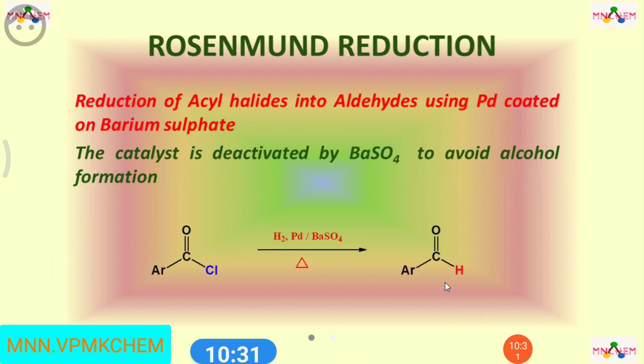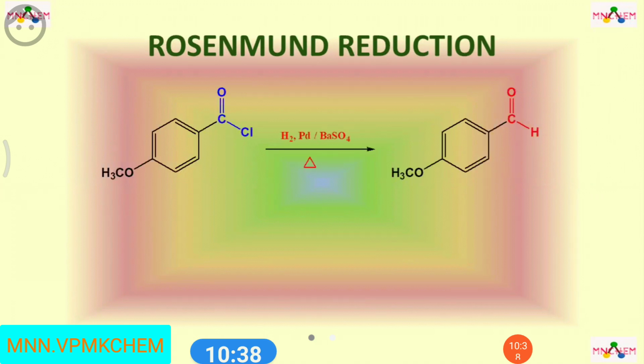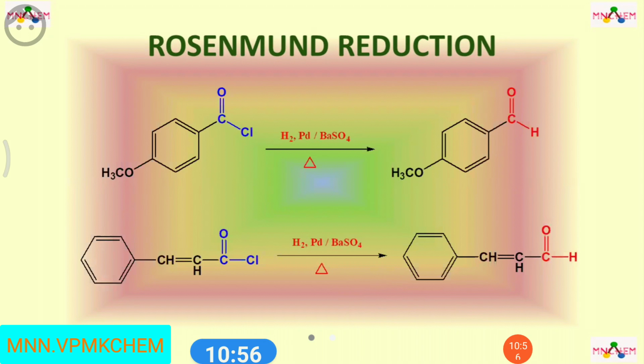Next are a few examples of Rosenmund reduction. Here, the aromatic ring is attached to an electron donating group like a methoxy group, which facilitates the reduction of this acid chloride into the corresponding aromatic aldehyde. Rosenmund reduction also shows chemoselectivity.